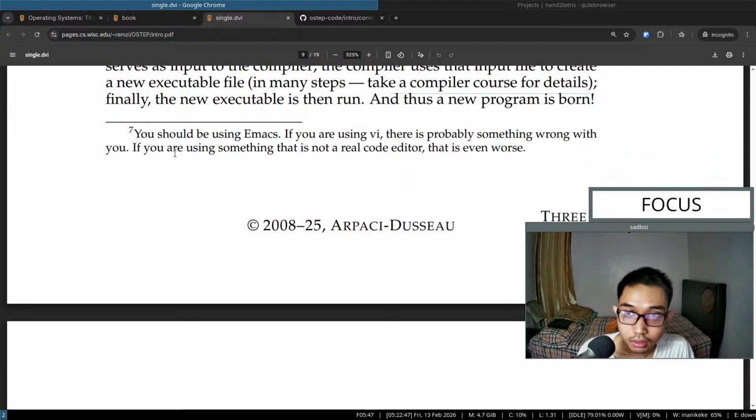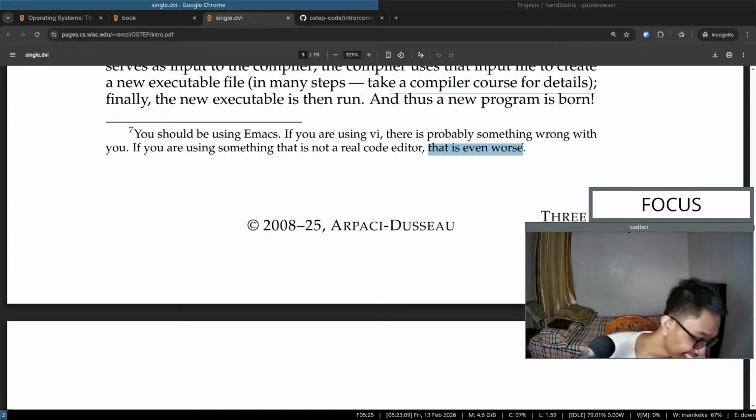Okay, you should be using Emacs. If you're using VI, there is probably something wrong with you. If you're using something that is not a real good editor, that is even worse. Oh my god.